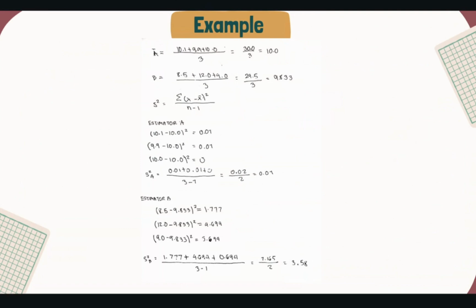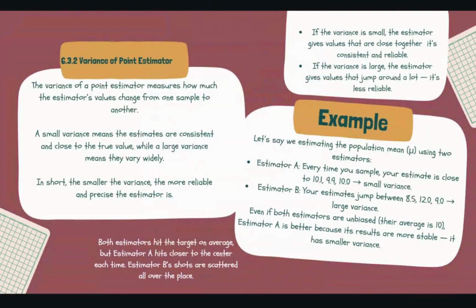To make it clear, if the variance is small, the estimator gives values that are close together. It's consistent and reliable. If the variance is large, the estimator gives values that jump around a lot, and it's less reliable. That is estimator B.